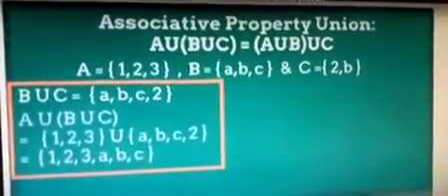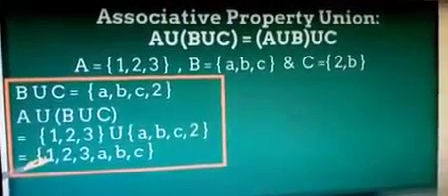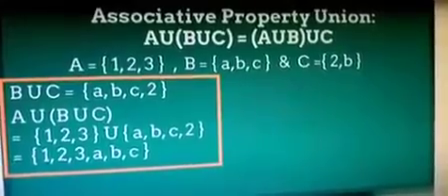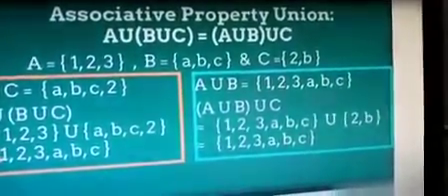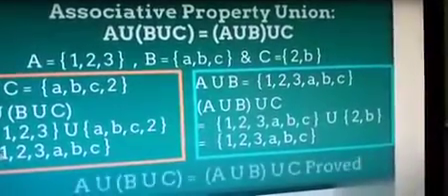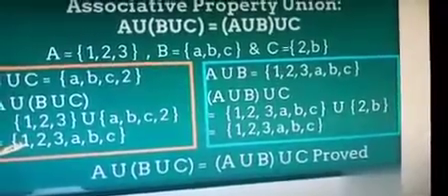Then the result of A union bracket B union C is 1, 2, 3, a, b, and c. Similarly, we find the value of bracket A union B then union C, which is also the same. This proves the associative property of union of sets.